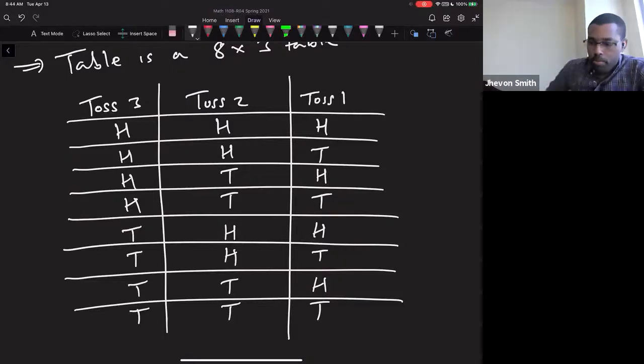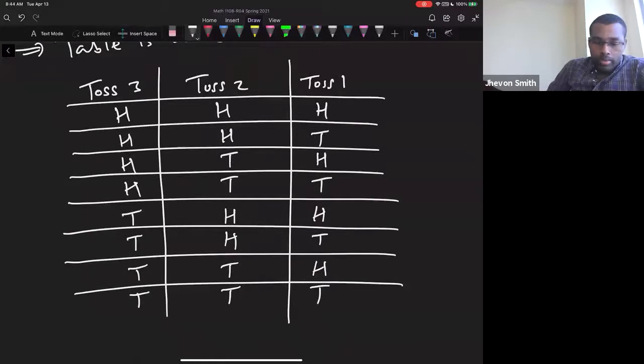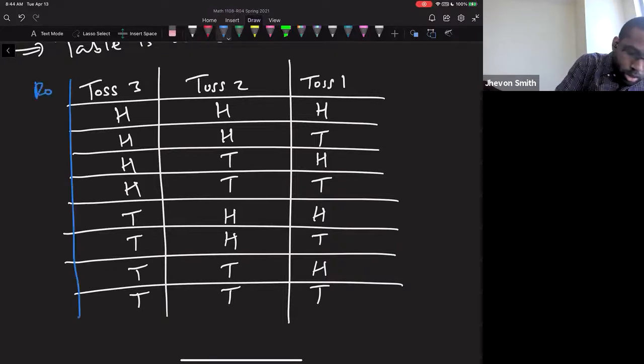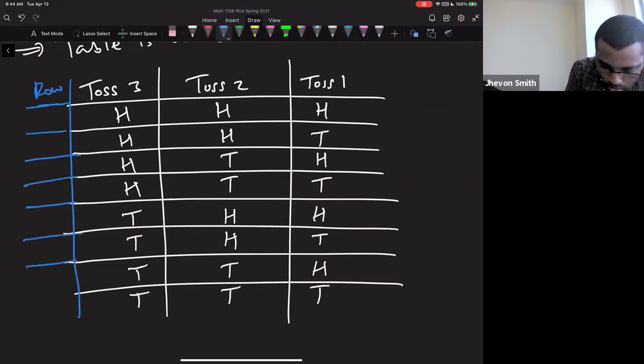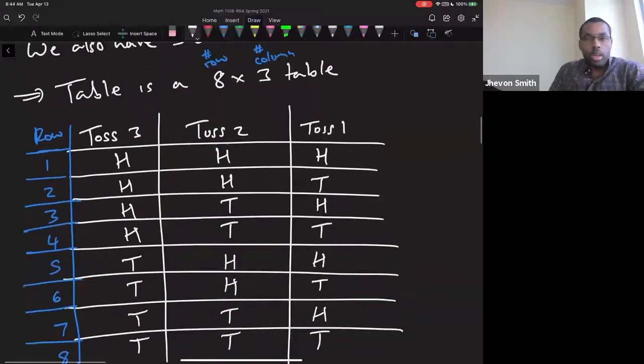So we have that, and that represents all possibilities. Now, let me just label these rows here. Row 1, 2, 3, 4, 5, 6, 7, 8. Okay, that will make it easier to do this.